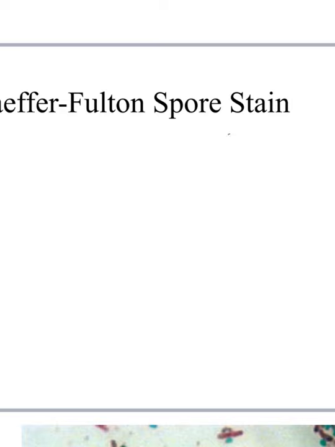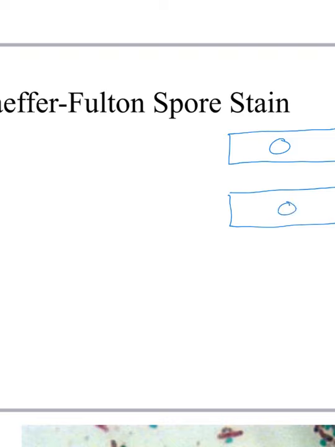Well, you're going to be staining two different organisms, so we're going to have two different slides to spore stain, and you're going to want to label them because you'll eventually have more than one slide. You're going to start out with a drop of water. Again, the smaller the drop of water you can get is usually preferred.